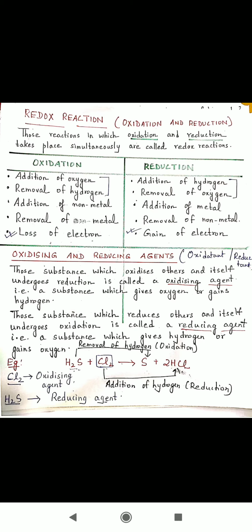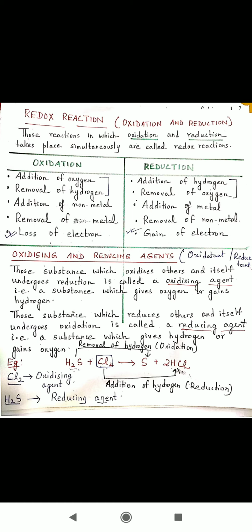In terms of removal, oxidation is removal of hydrogen and reduction is removal of oxygen. This is the classical concept. There are many other concepts used to define oxidation and reduction, but in class 10th level we'll mainly focus on the first two concepts.